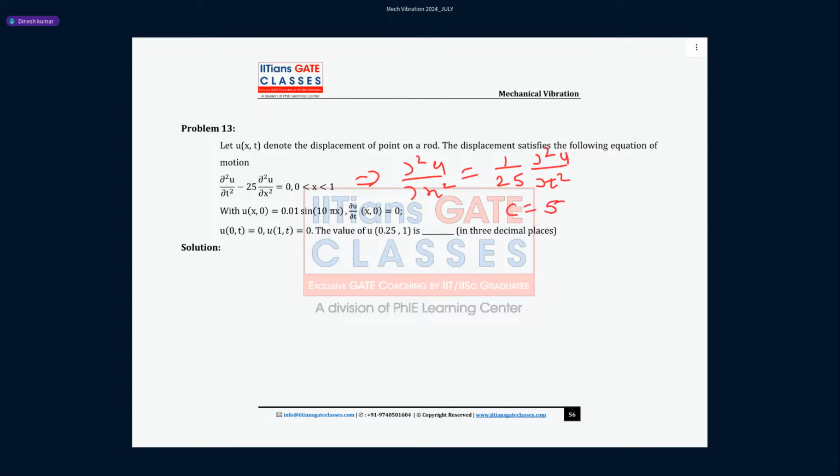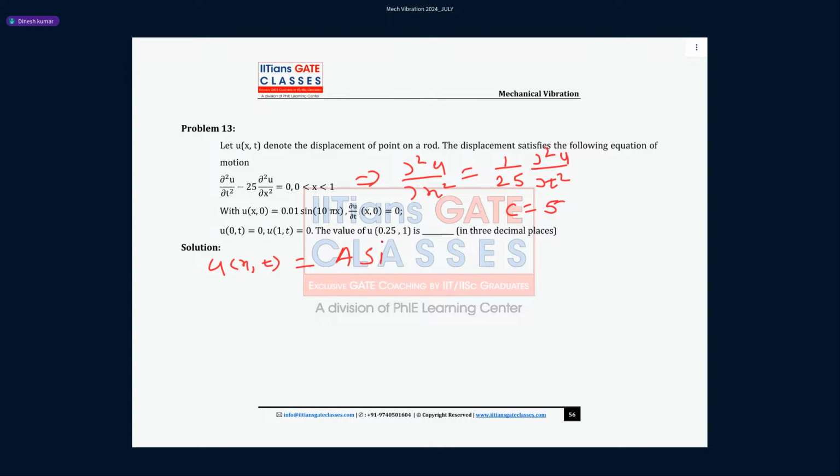c will be 5. Now guys, we know in case of this rod, what is your generalized equation? u of x comma t will be what? A sin omega t, or sorry, we usually write space coordinate first, right?